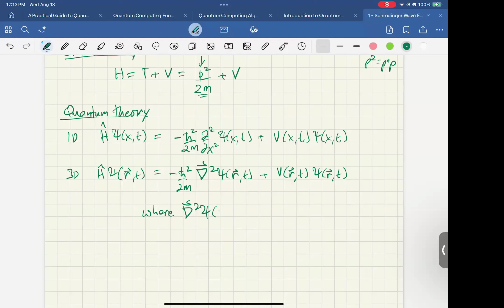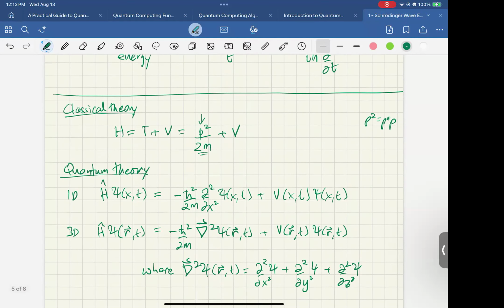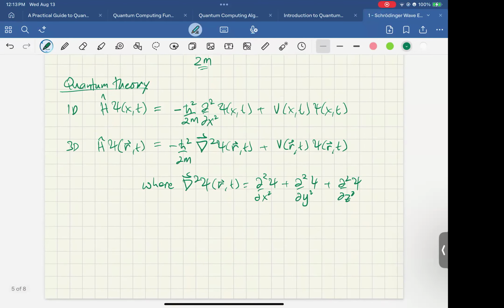operating on the wave function psi is given by this mathematical operation. So, our Schrödinger equation now.